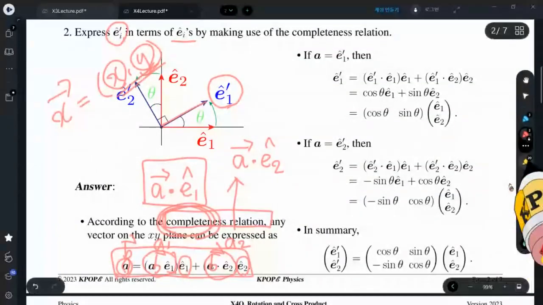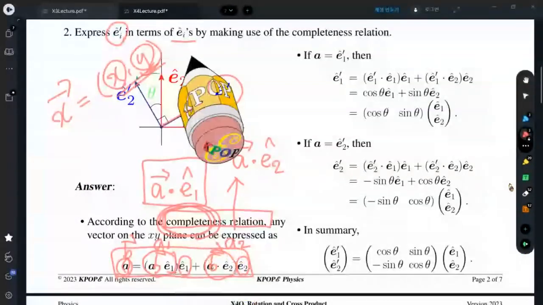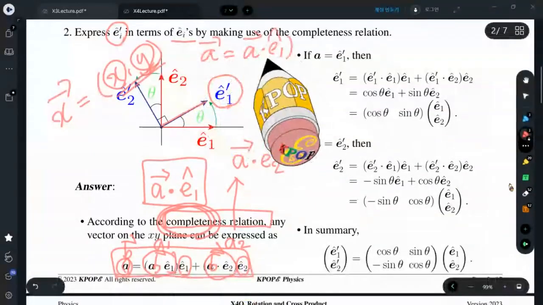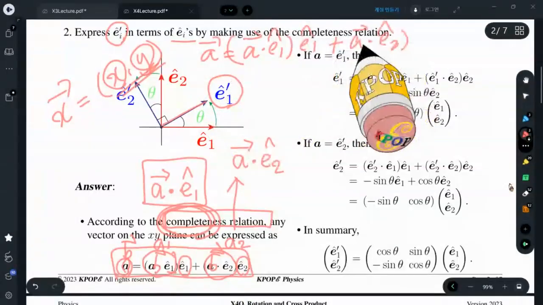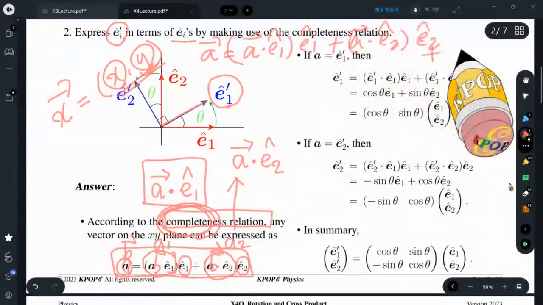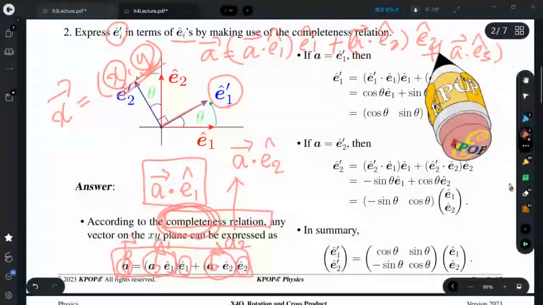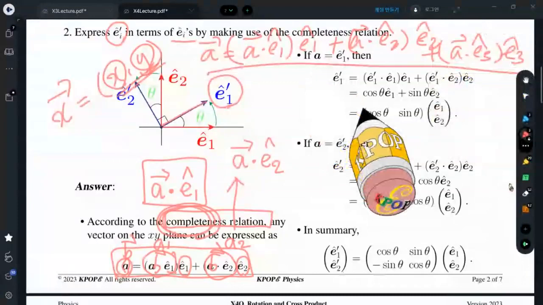If I extend this one in the three-dimensional space, this can be expressed as a vector: A dot E1, E1, A dot E2, E2, and then A dot E3, E3. So this is the completeness relation in three-dimensional Euclidean space.